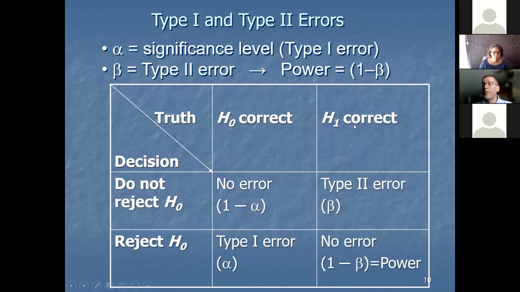On the other hand, if the alternative is correct and I don't reject, then I've committed that type 2 error, the beta. Where I want to be is in this cell, where the alternative is correct and I've rejected the null. That's shading in the part of the curve that's in the rejection region, and that is my 1 minus beta, my power.